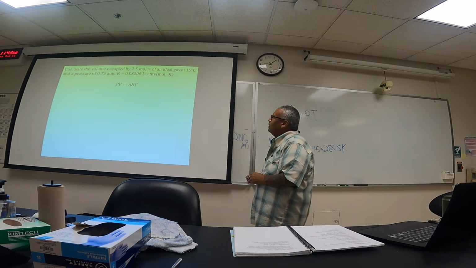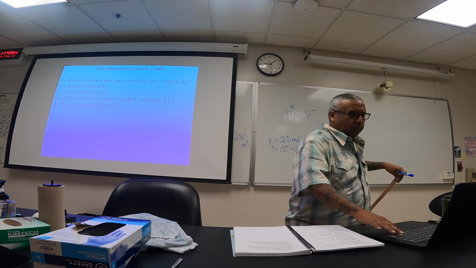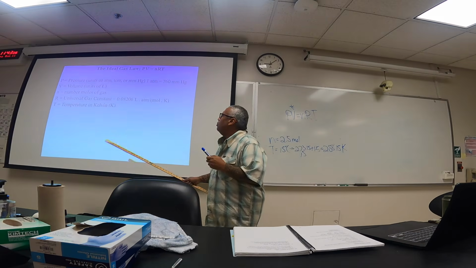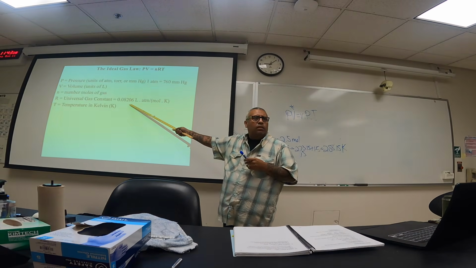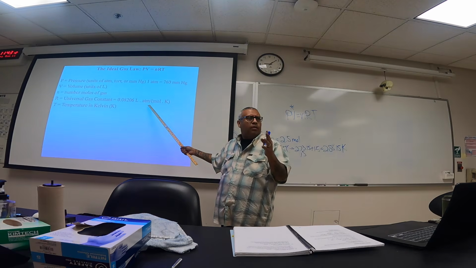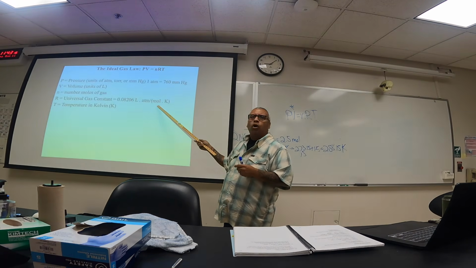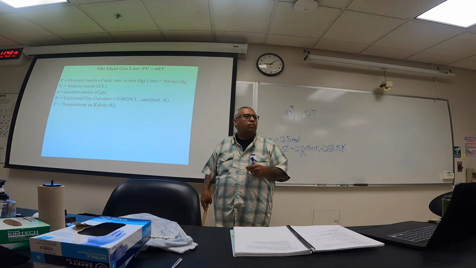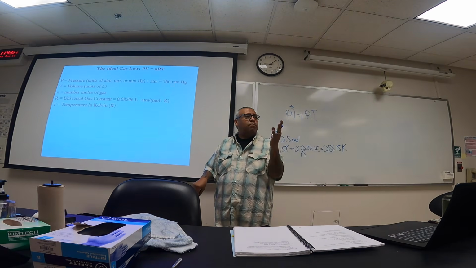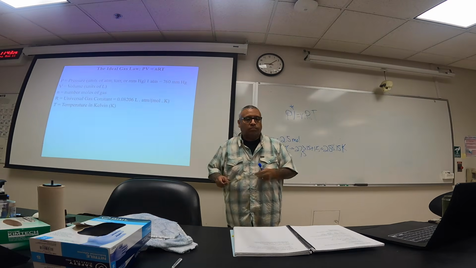The gas constant, I didn't go over it, but this value will never change. This is the reason why we have to convert everything, because in order to use this as liter atmospheres over mole Kelvin, all the units have to be there. If we don't convert all the units, we can't use this gas constant.